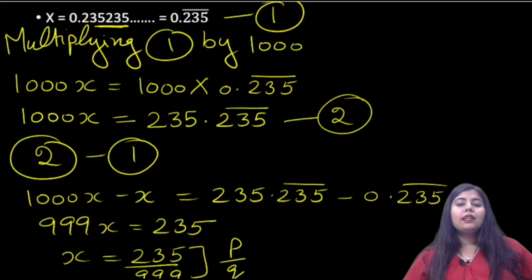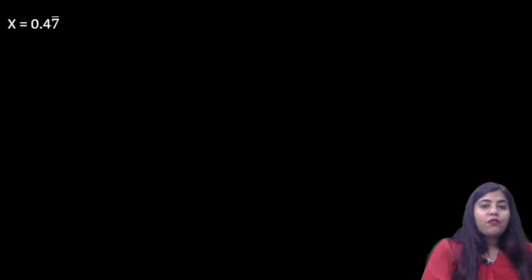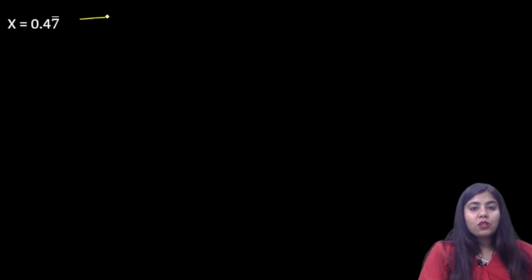Now see the next question. x is equal to 0.47 bar, and the bar is on 7 only and not on 47. It is on 7 only, one digit. Now see, first of all we just have to name it as equation number 1.